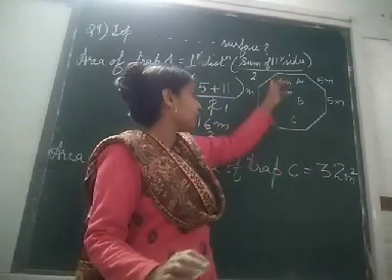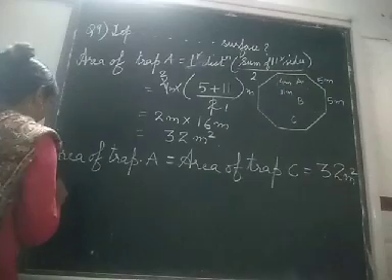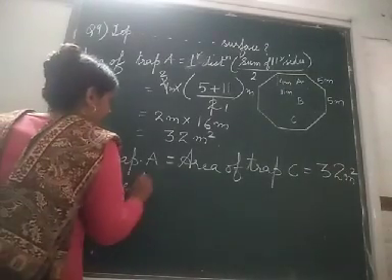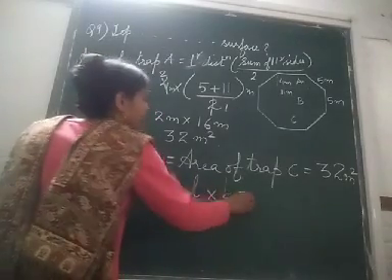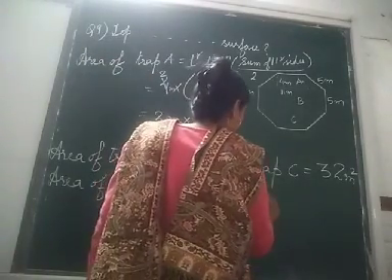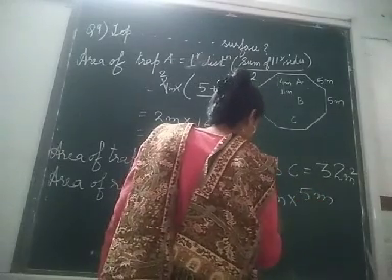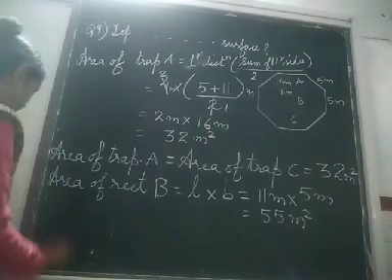Why? Because they both are equal in area and rectangle is left. Now we find the area of rectangle B, which is equal to length into breadth, where the length is 11 meters and the breadth is 5 meters, 55 meters square.